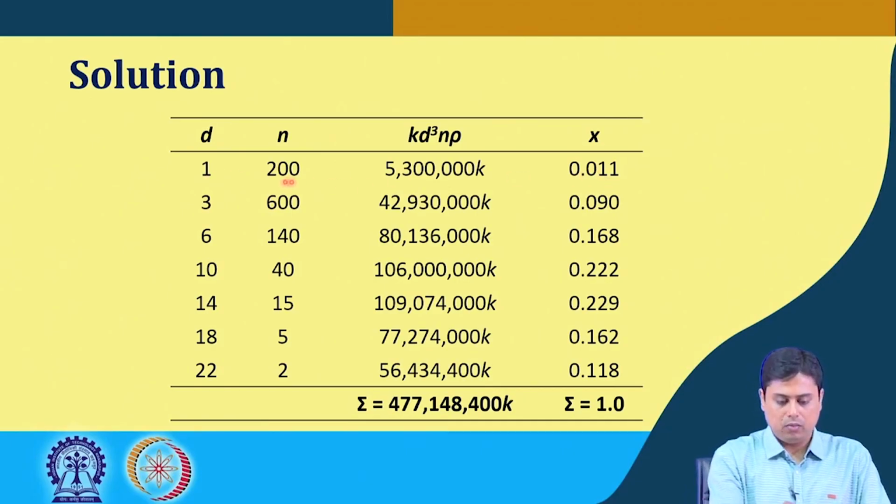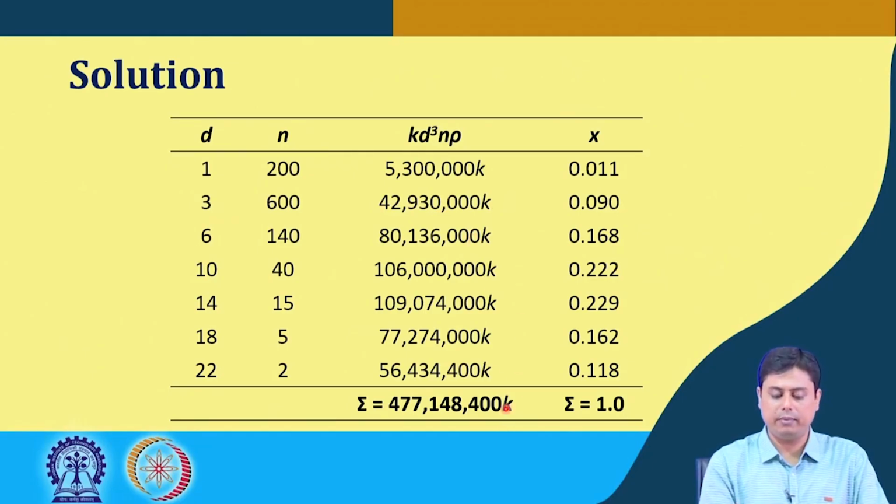Once we calculate this third column, we sum it up, and the total will be the denominator and this the numerator, and we find this x value. Similarly we find all the fractions for all the components by dividing each value by this summation.